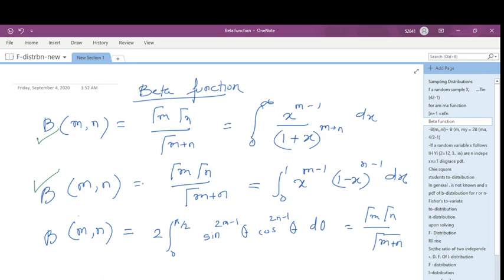Beta m, n is also represented as the integral from 0 to 1 of x to the power m minus 1 times 1 minus x to the power n minus 1 dx. The third one is in the trigonometric format, which we probably will not be using today, but just these two are important and you need to remember them. I'll show you the reference to these functions.